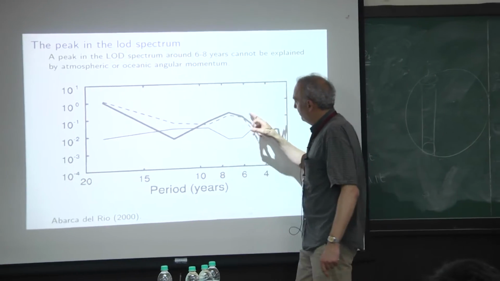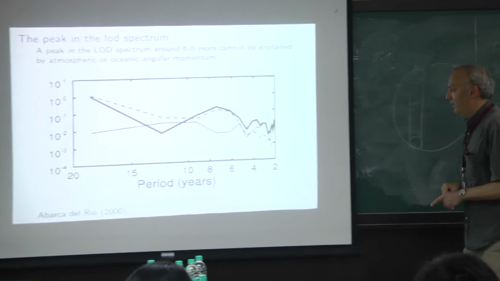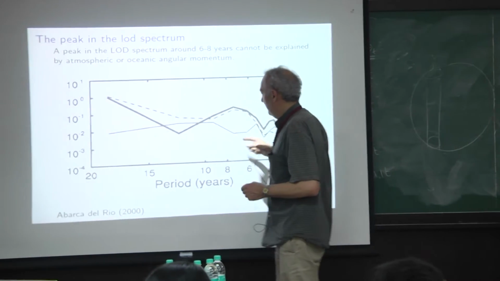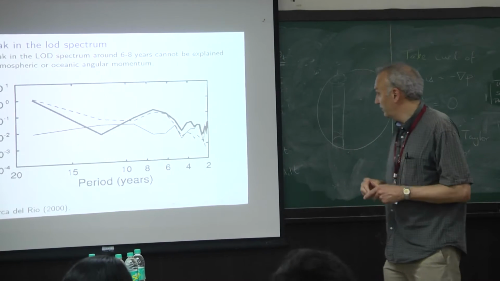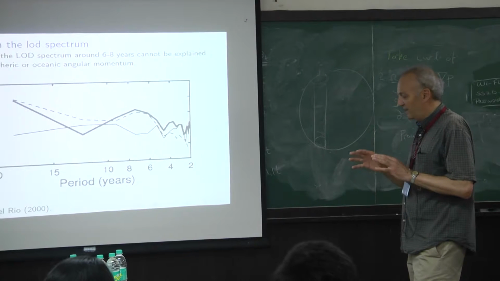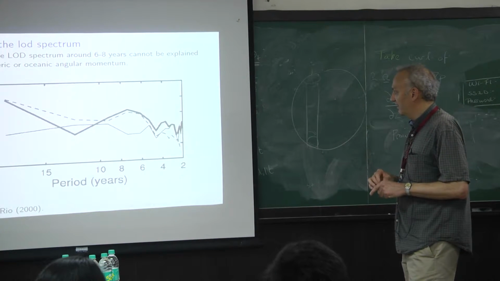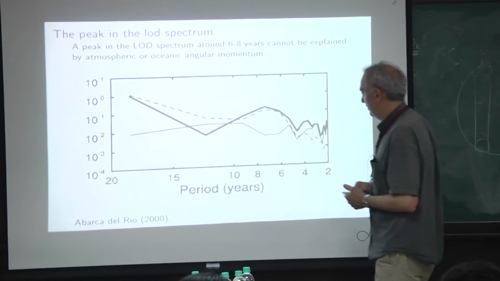So having seen this bump, this is exactly what the Grenoble group went after. They went after trying to explain this bump in terms of angular momentum exchange with the core. They wanted to ask, can we see the fluid motions in the core that are associated with such an angular momentum exchange?